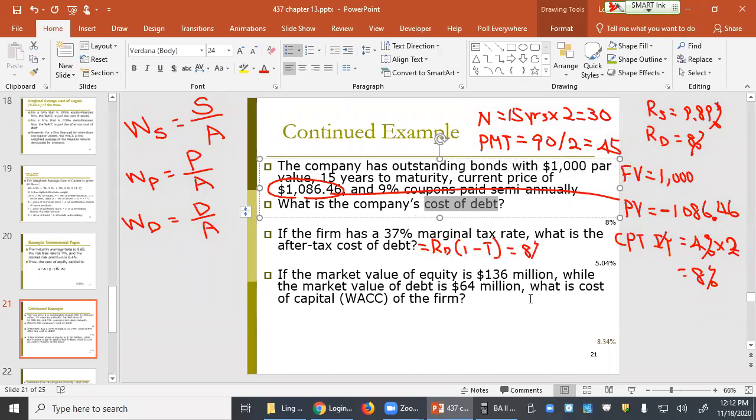So 8% times 1 minus 37%, that's the same as 0.63. And that will give us 5.04% as the after-tax cost of debt. So let me use that here instead.